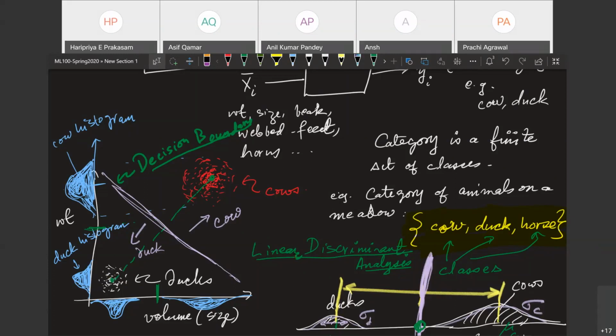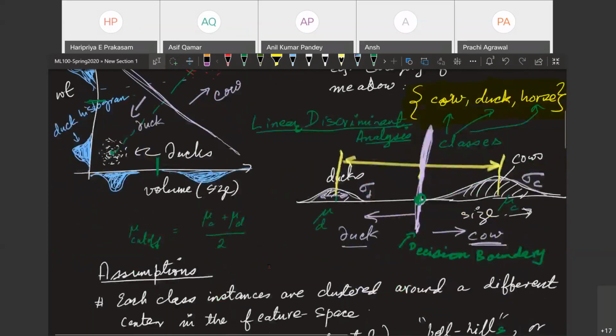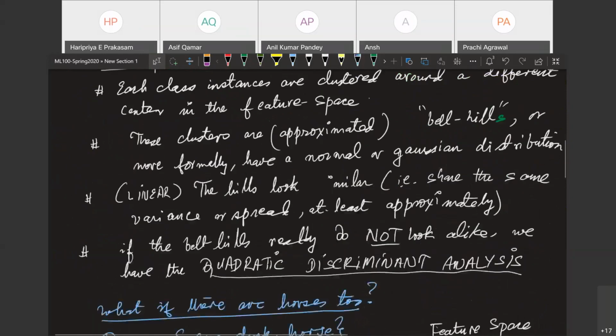Now, what happens when they overlap? We'll talk a little bit about that today. But in general, one fundamental requirement is that all the data points of a class are clustered together in approximately a bell hill of some sort. Then this sort of algorithm works very well. So these are the assumptions I talked about.